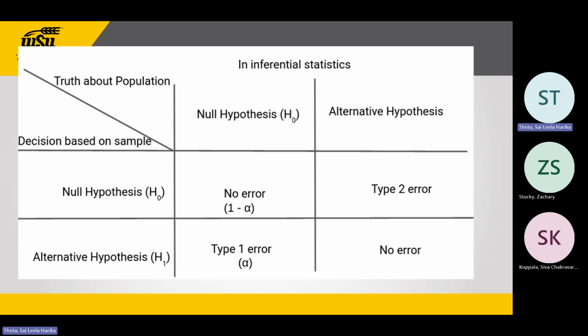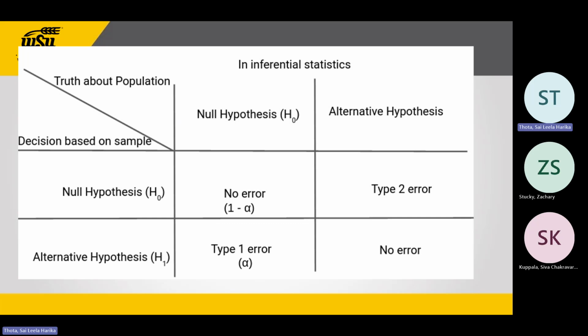So for example, if you observe this matrix, null hypothesis and null. At the start I explained the judge and the one who did the crime, right? If there is a null hypothesis and you also proved that it is null, there is no error.